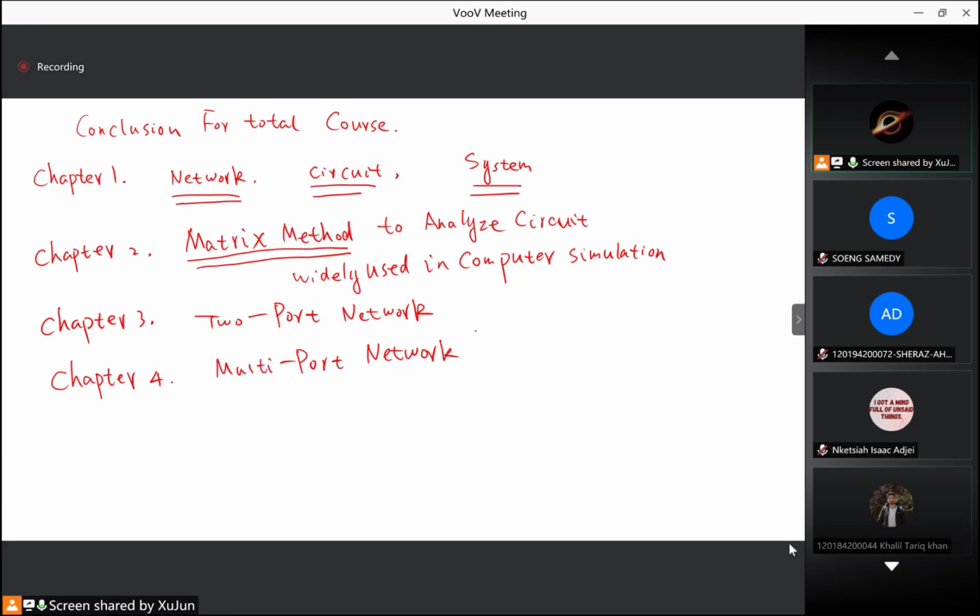For the multi-port network, we have discussed the Y, Z, T, H parameters. And then we have discussed the multi-terminal network.